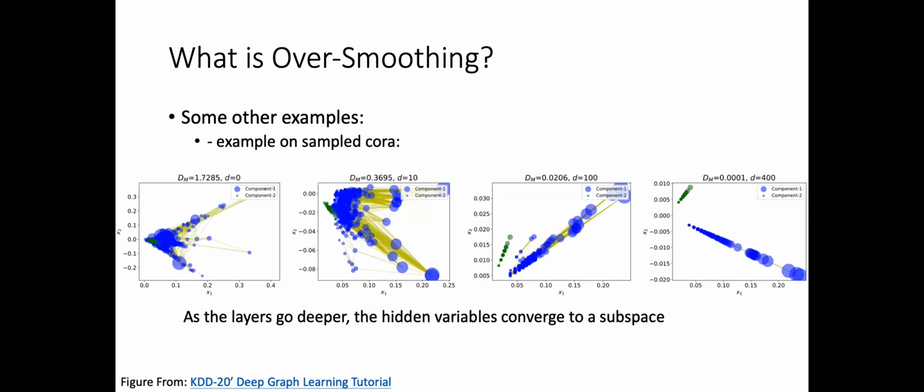And here's the last example, on a sampled Cora dataset. This dataset is constructed by sampling two connected components from the training graph of Cora, with 640 and 54 nodes, and 26 respectively.